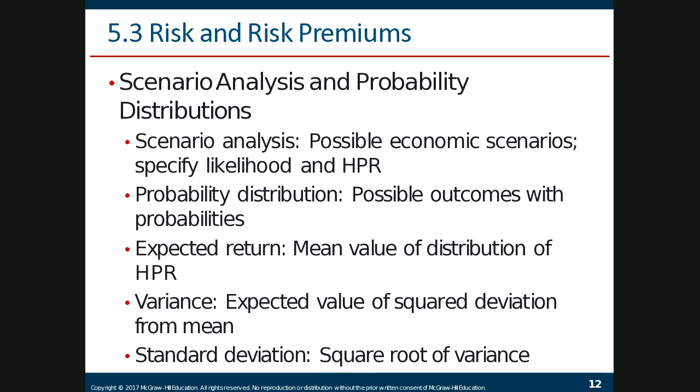So, in one sense, this expected return is a mean value of the distribution. Why is that? Well, if you think about it, we have some outcome that has a high possibility of happening, sorry for the crappy drawing.